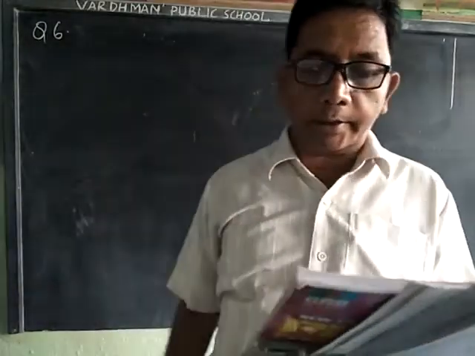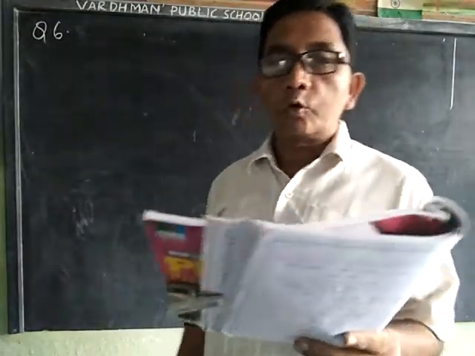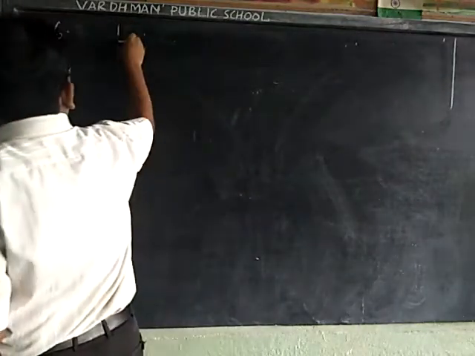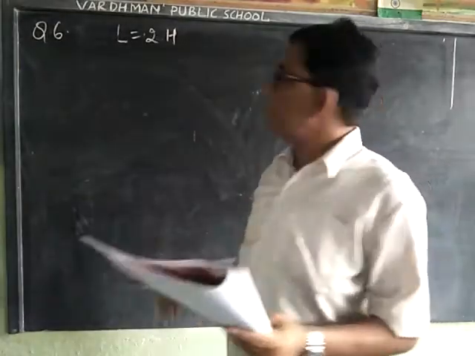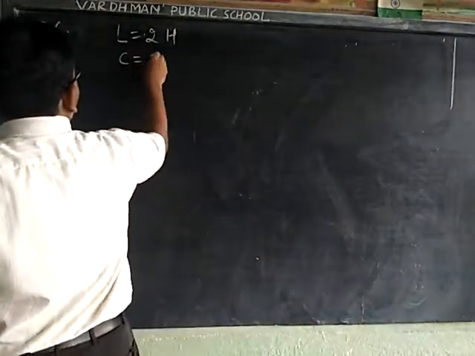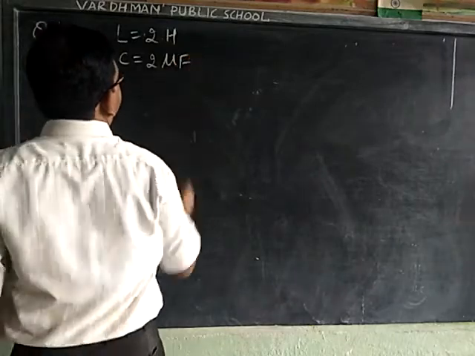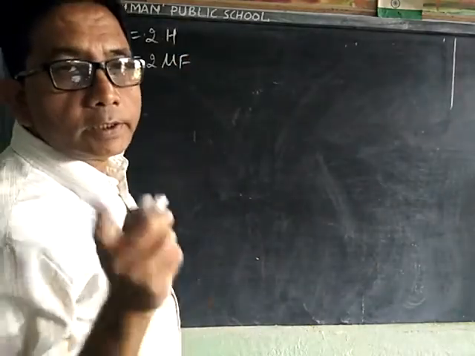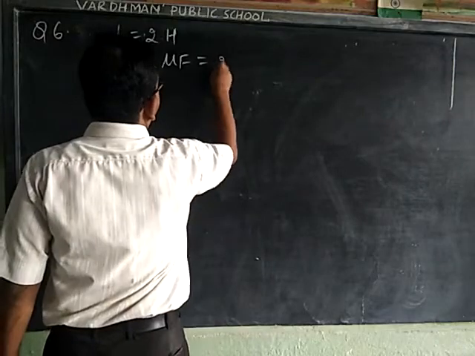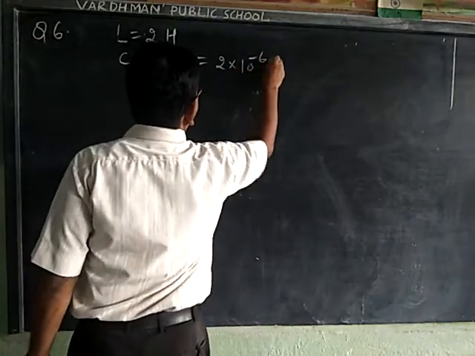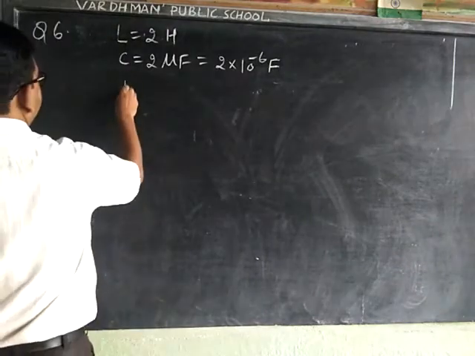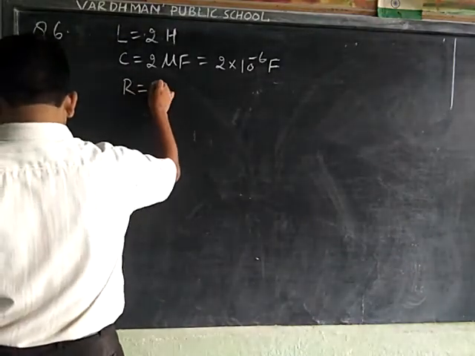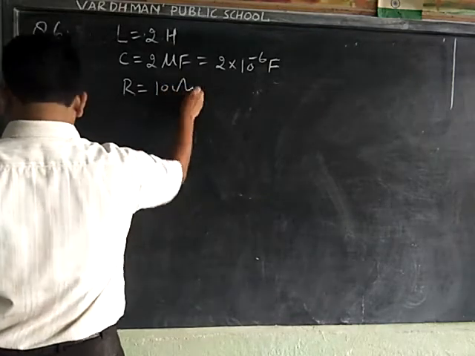Calculate the quality factor of a series LCR circuit with L equal to 2 Henry, C equal to 2 microfarad. 1 microfarad is equal to 10 power minus 6 farad, that is 2 into 10 power minus 6 farad, and R is equal to 10 ohm.